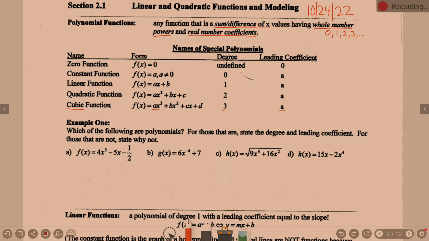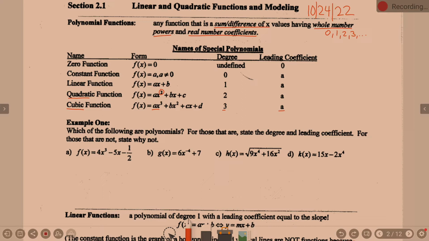Okay, so we talked about this last year. Quadratic. If something's a quadratic function, the highest power is a power of 2, right? That's quadratic. Highest power of 2, degree 2, leading coefficient, still a. Linear. What do we know about linear functions? Okay, y equals mx plus b is what comes to mind, right?